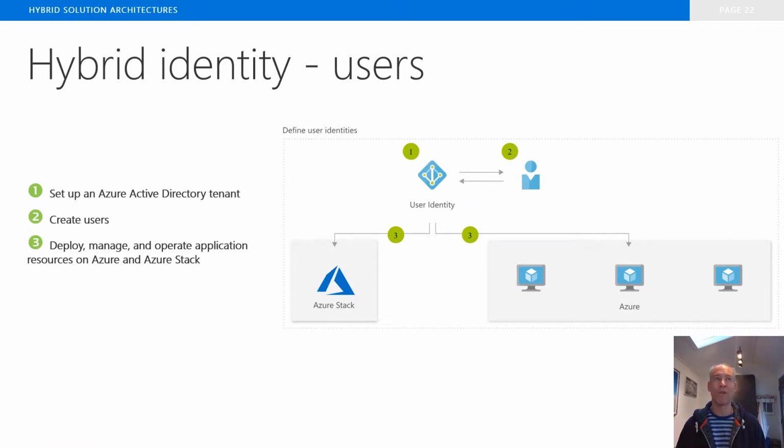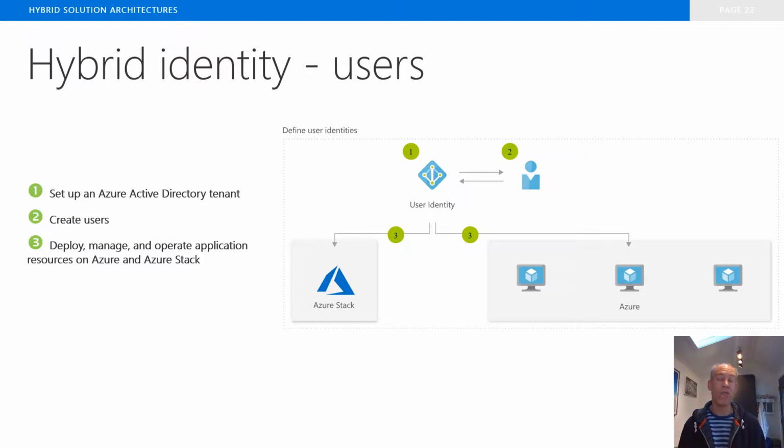and public cloud. The next basic pattern is hybrid identity. So how can you create an identity that's usable both in Azure and Azure Stack? In this case, the best way to have deployed Azure Stack is to use Azure Active Directory as your identity source, because that's an identity that's usable on both sides.